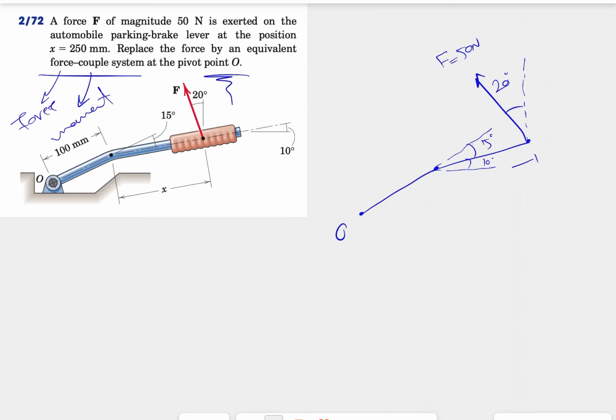We also know that the distance from here to here is x, which in the question we know is 250 millimeter. If we want to change it to meter, we'll have 250 divided by 1,000, so 0.25 meter.